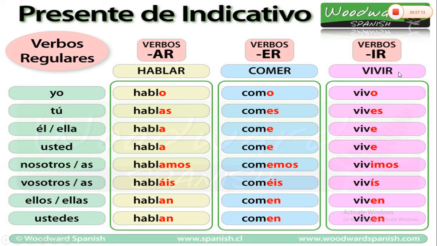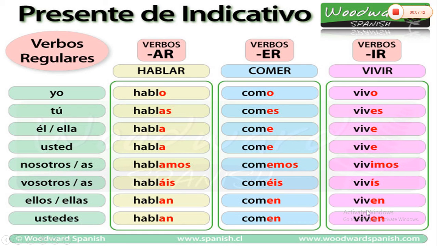Vivir means to live. Yo vivo, I live. Tú vives, you live. Él, ella vive, he, she lives. Usted vive, you live as a formal singular. Nosotros vivimos, we live. Vosotros vivéis, you all live. Ellos viven, they live.